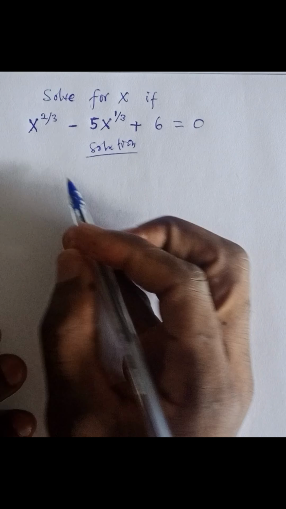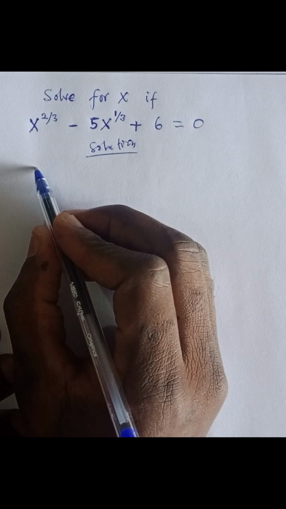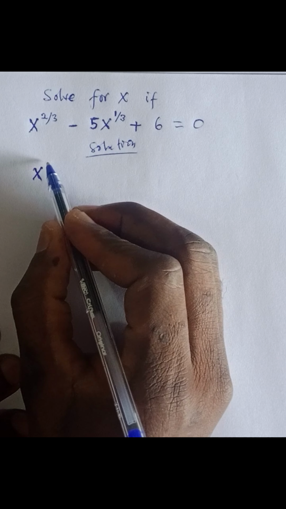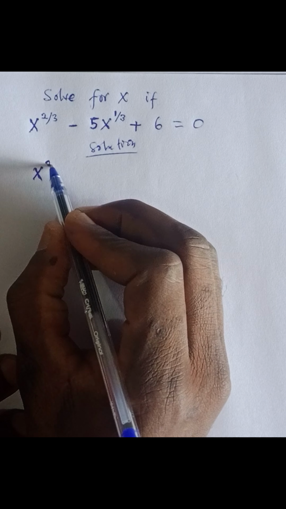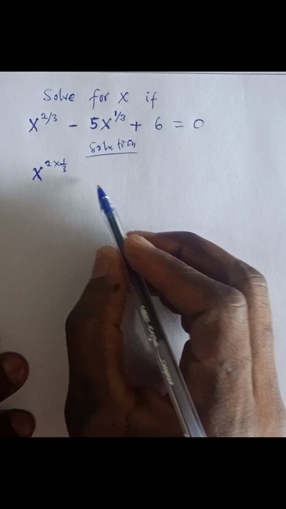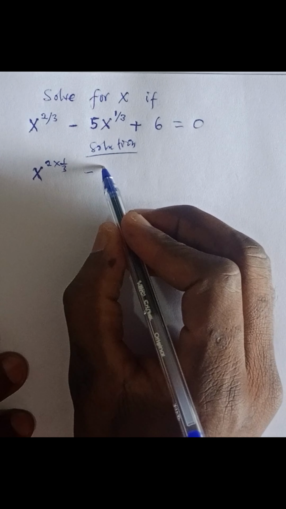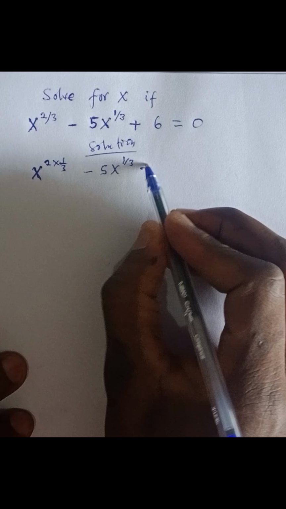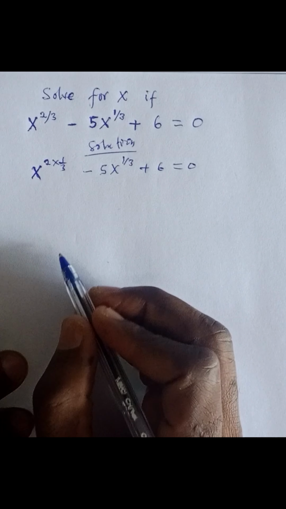Now, don't forget that x raised to power of 2 over 3 can be x raised to power of 2 multiplied by 1 over 3. Alright, so it's still the same, right? Minus 5x raised to power of 1 over 3 plus 6 equals 0.